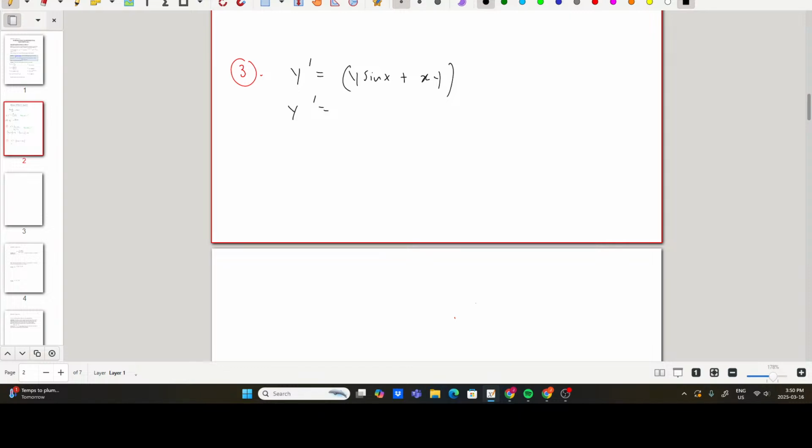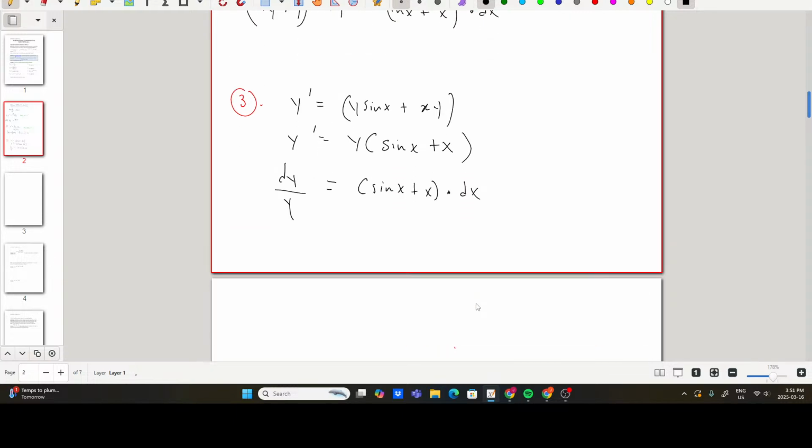Take out a y from both, because y is common between them. Then y prime equals y times (sine x plus x). So this can be written with y prime as dy, and you divide by y. Yes, you get dy over y equals (sine x plus x) dx.